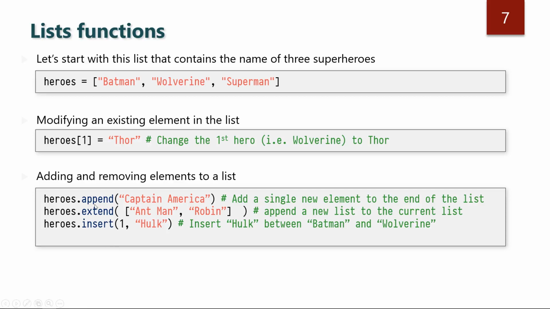Now for a list, append and extend are computationally very cheap to execute. Even if you have a list of 1 million points, like if you represent a point cloud, adding a new point to the end is very easy for the computer to do.